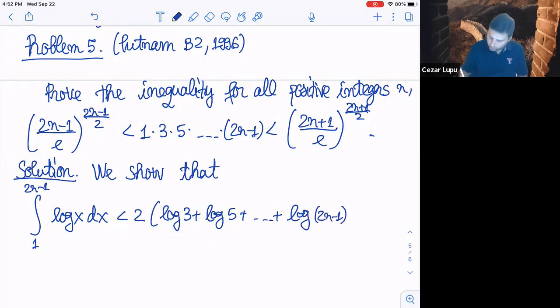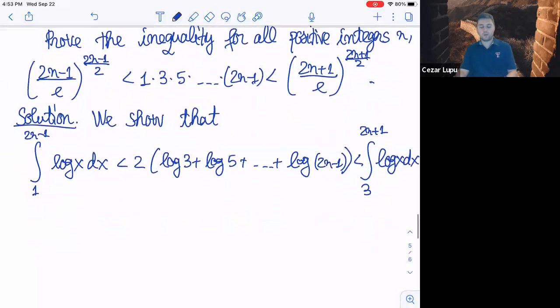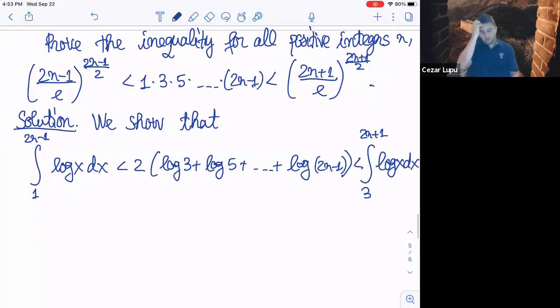And we also show that this is less than the integral from 1 to 2n plus 1 of log of x dx. Oh, we show this inequality.